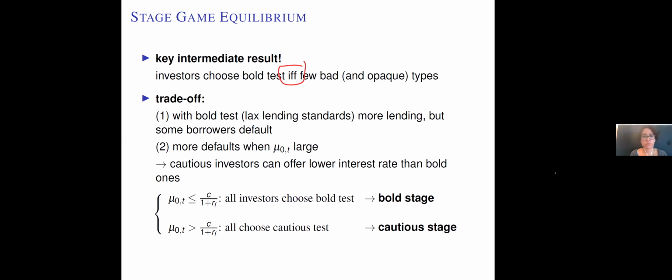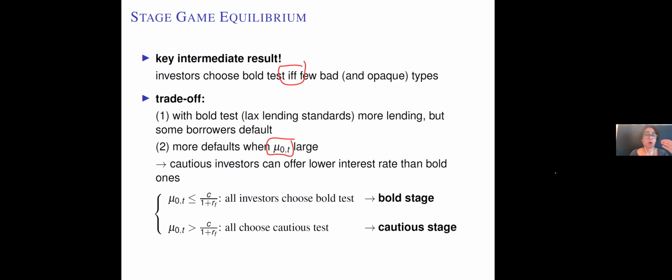The trade-off is relatively simple once you stand back and think about it. Bold test means lax lending standards, so there is more lending because more people pass the test. However, some borrowers are bad and they don't pay back, so they default. Defaults are higher when the fraction of bad opaque entrepreneurs, the ones who get credit by mistake, is high.